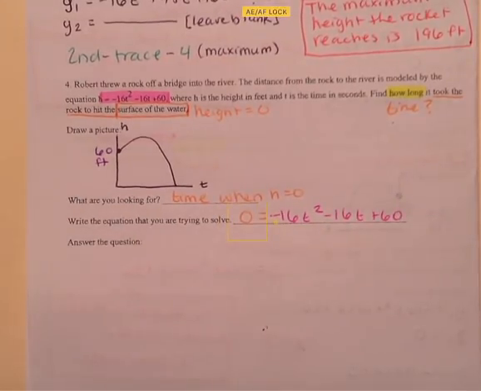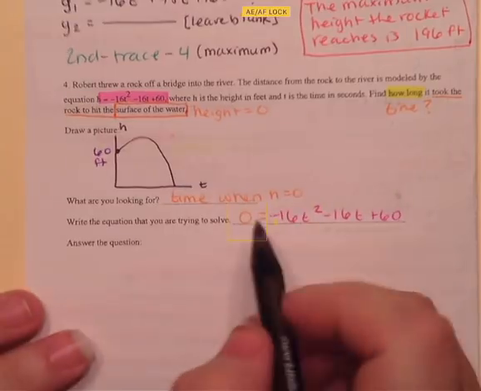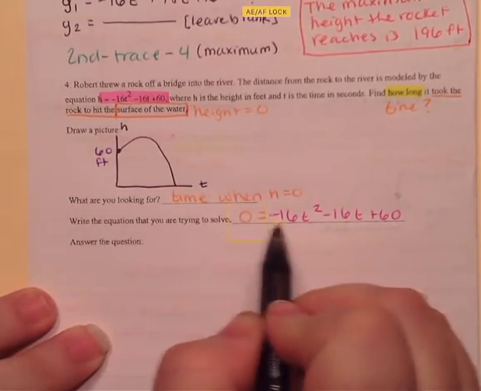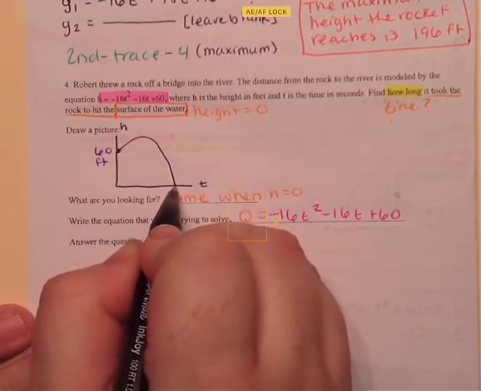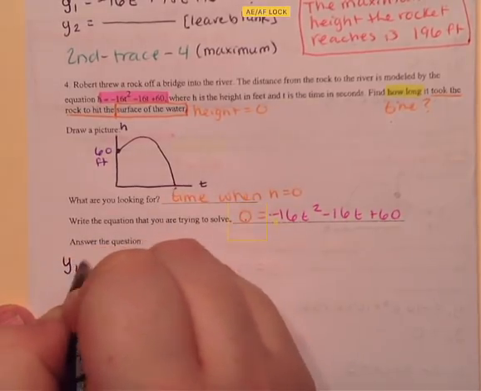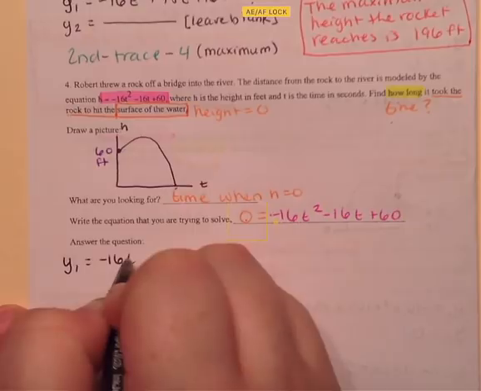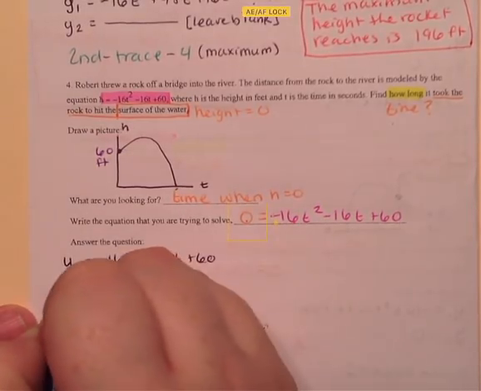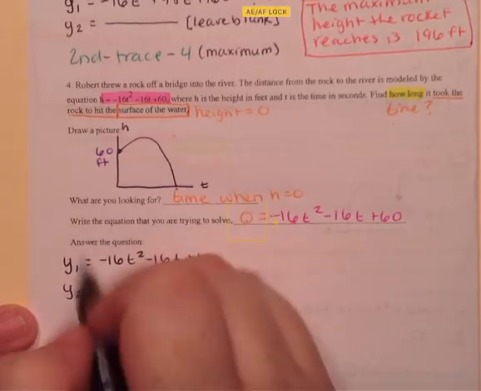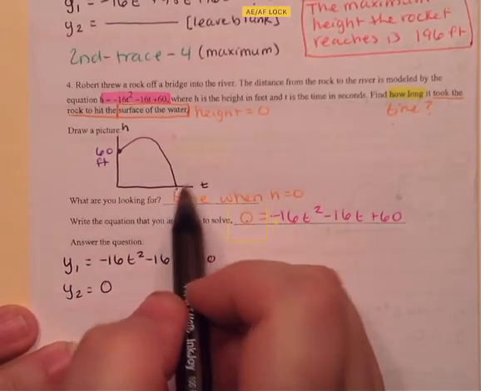We can again use our calculator for this. Since we have a y1 and a y2, we want to find an intersection of these two values. y1 is negative 16t squared minus 16t plus 60, and y2 will be 0.